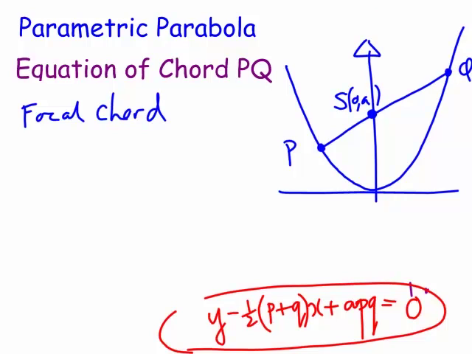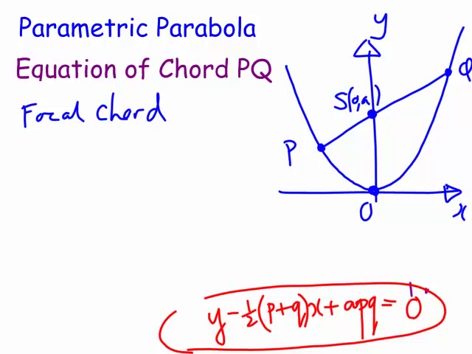This is obviously the y axis and x axis, and the origin here. The equation is x squared equals 4ay. So if it's a focal chord, let's sub in x is 0 and y is a.